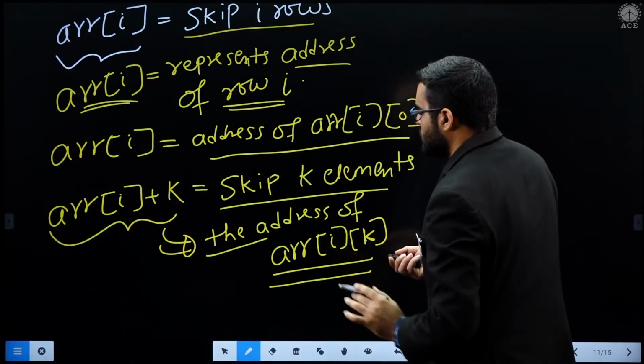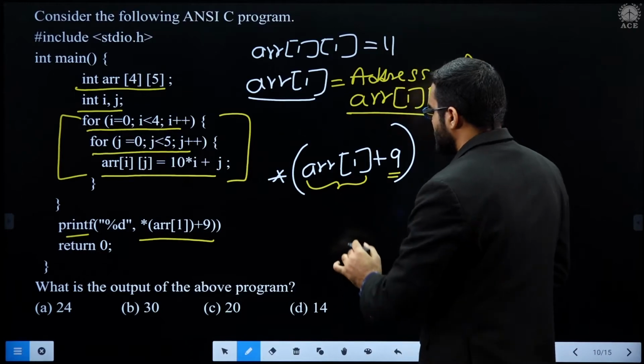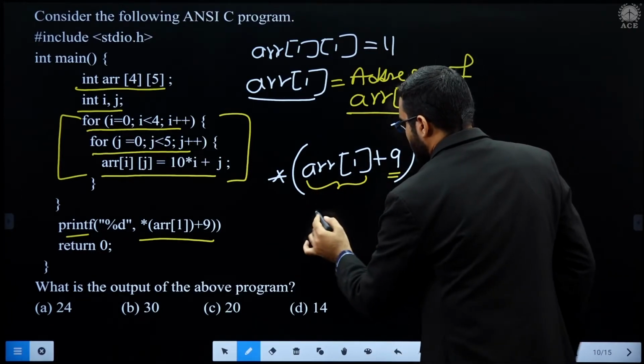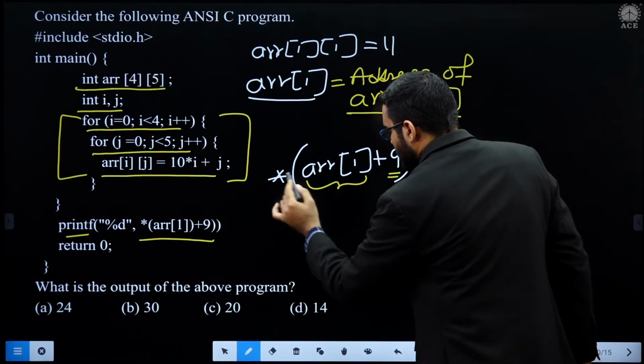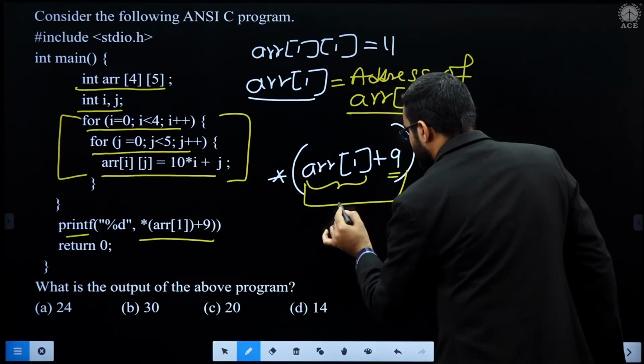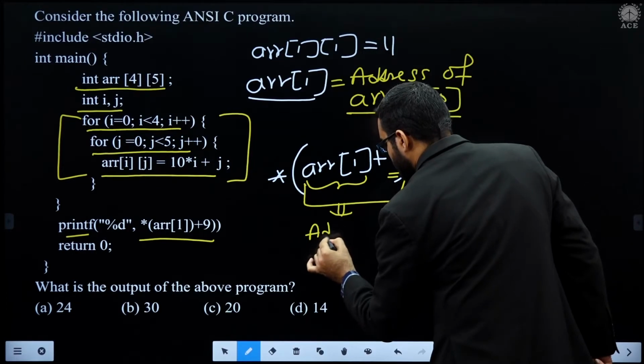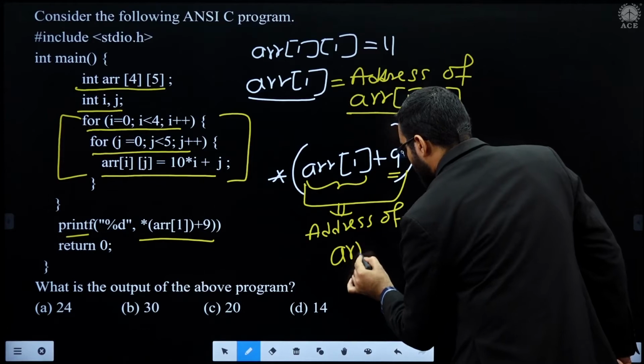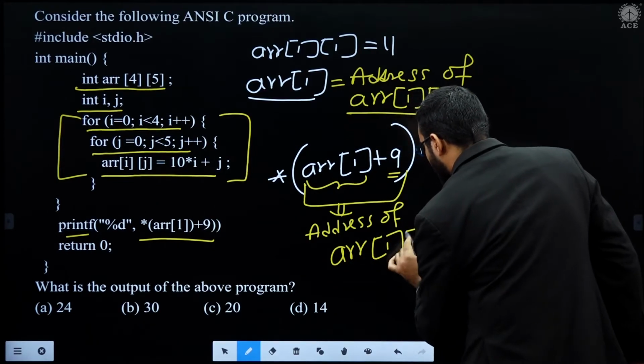So in the question, he is asking ARR of 1 plus 9, which is the address of ARR 1,9.